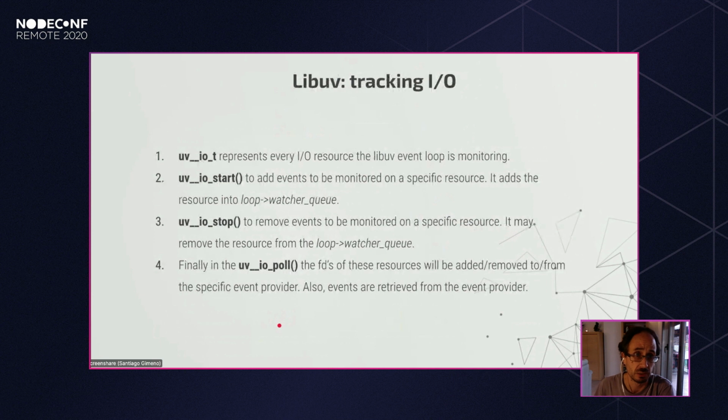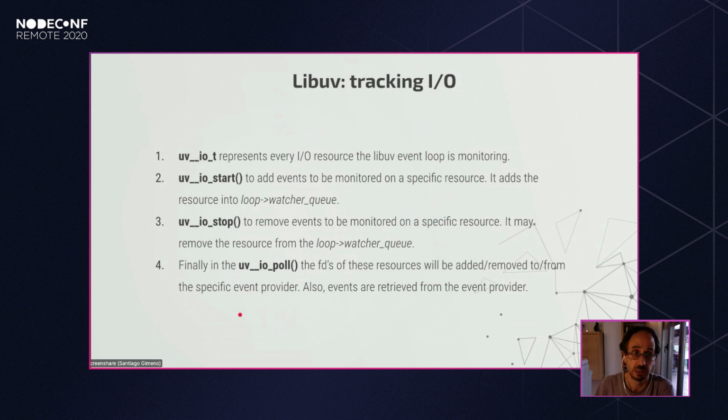And finally, a brief explanation on how Libuv tracks input-output, which is going to come handy later in the talk. There's the uv__io_t struct, which represents every input-output resource Libuv is tracking. And one other thing is it stores the input-output callback and the file descriptor of the resource.